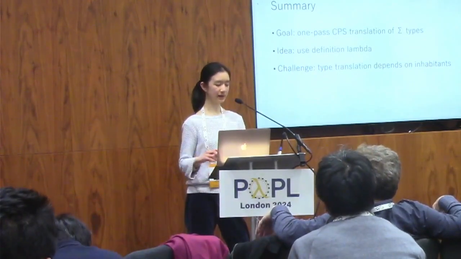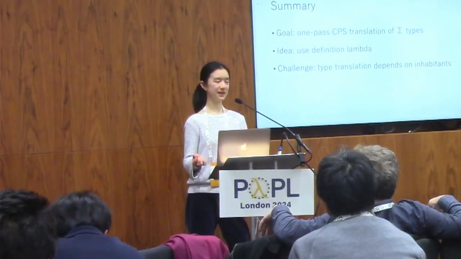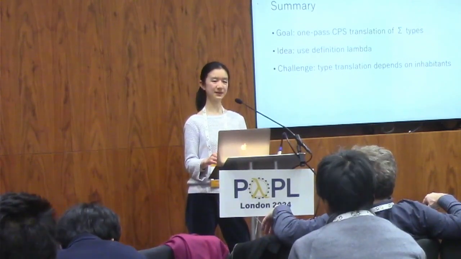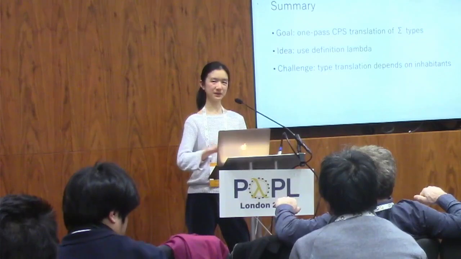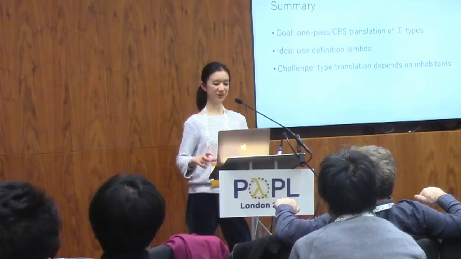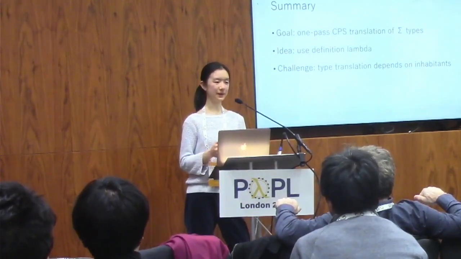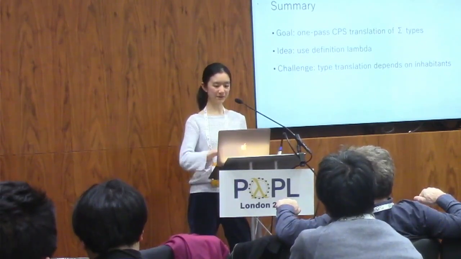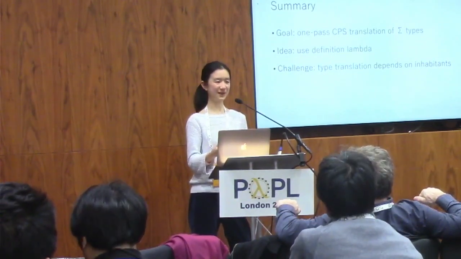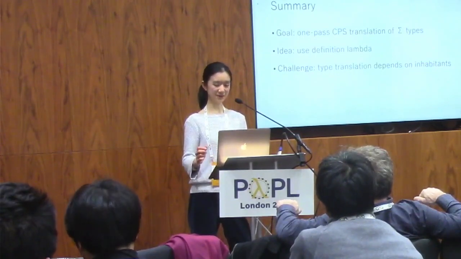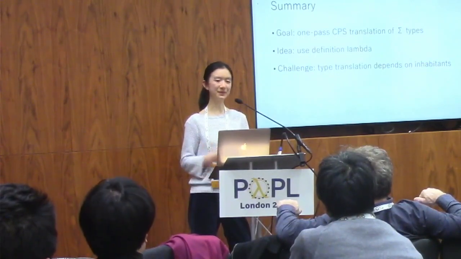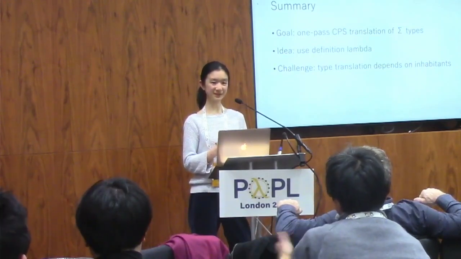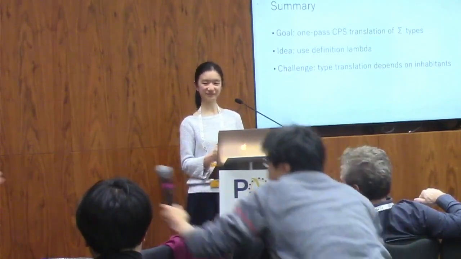The target language of Bowman et al., they did not prove type soundness, but just a translation to some known calculus. But for simply typed languages, we have this one-pass translation, and I would like to know if it's also possible for a dependently typed language, so a more direct correspondence. Yeah, thanks.